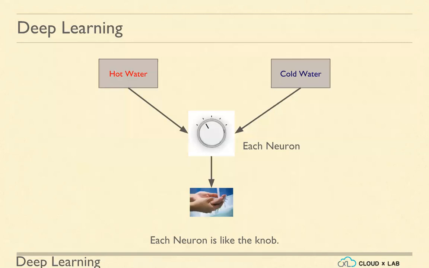Each neuron is a very, very simple unit. Each neuron is nothing but a knob the way we are looking at the knob here. Each neuron is a knob. Okay, so by way of program, we tweak this knob until we get what is expected.